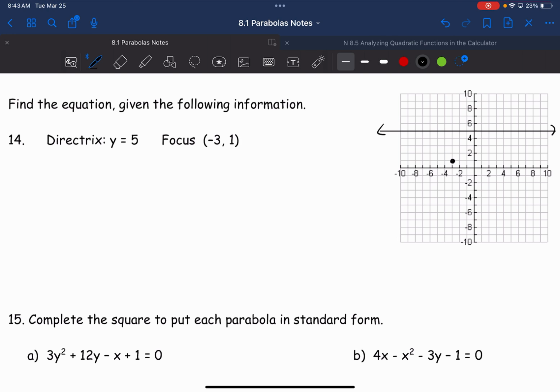Well, the vertex is supposed to be in between them, right? Well, what's right in the middle of 5 and 1? 3. So I'm going to know my vertex has to be right here, which would be at the coordinate point -3, +3, right? Okay, well, because my directrix is a horizontal line, that tells us we have a vertical graph, right?